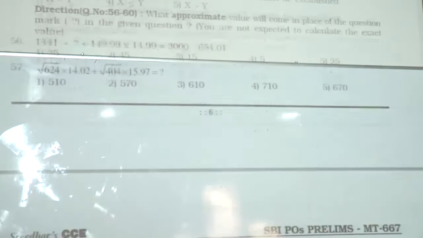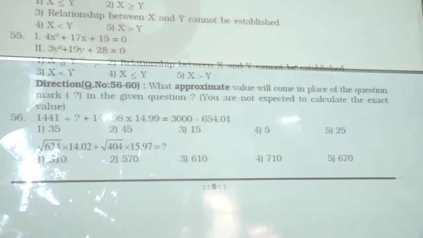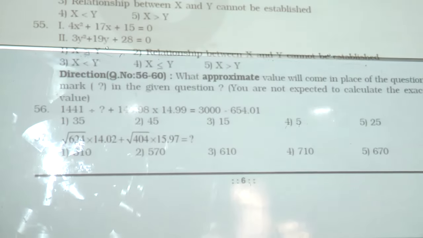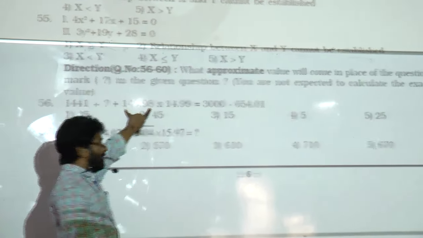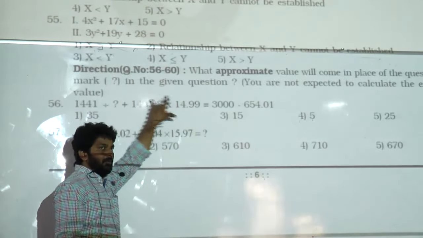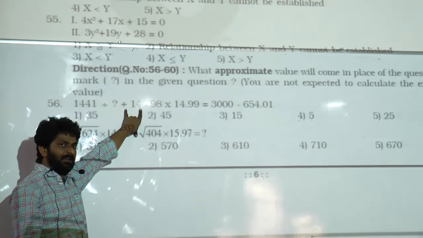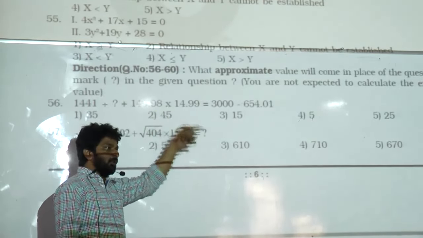51 to 55, quadratic equation. 56: 1441 divided by something. Forget about it. This is 150 into 15. 150, 15 into 10. Forget about 10. We can consider 10 later. 15 into 15, 225, and into 10, 2250.